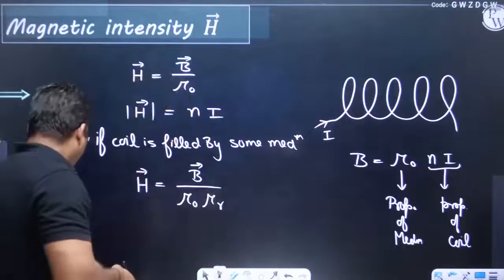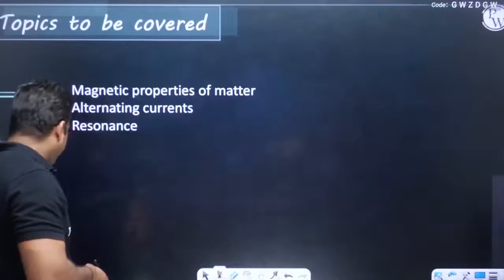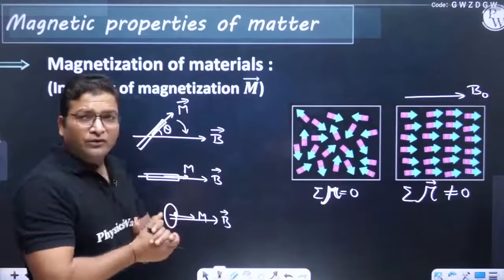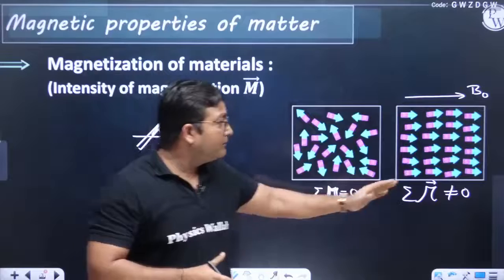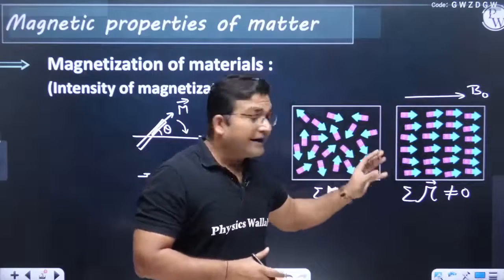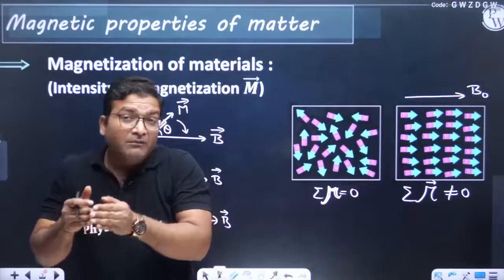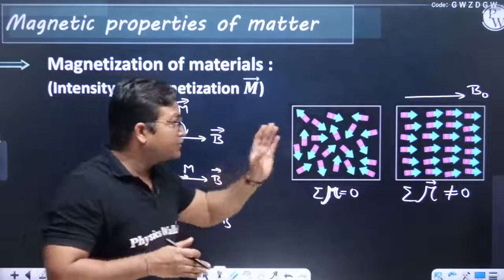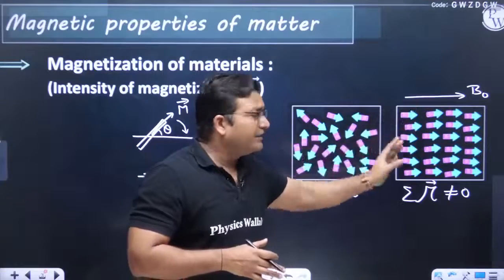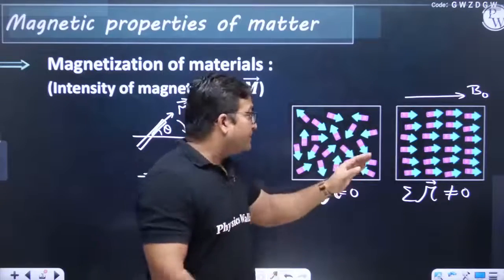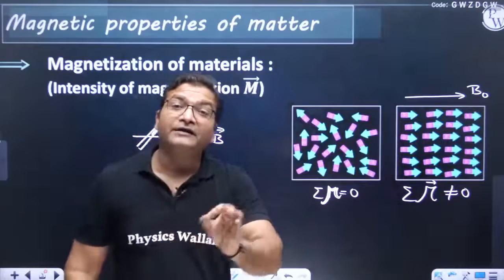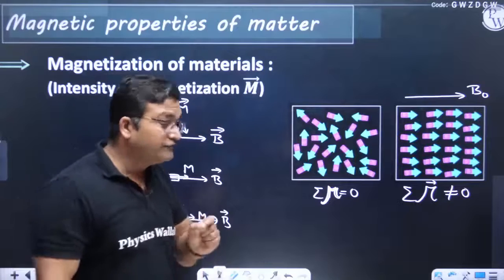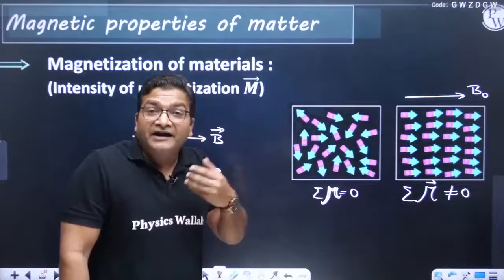So let us go back. Now you know that if a magnetic field is placed around a magnetic material, and all the molecules get aligned in the direction of the magnetic field and everything has settled, the magnetic material may have some non-zero magnetic moment. What is magnetic moment?